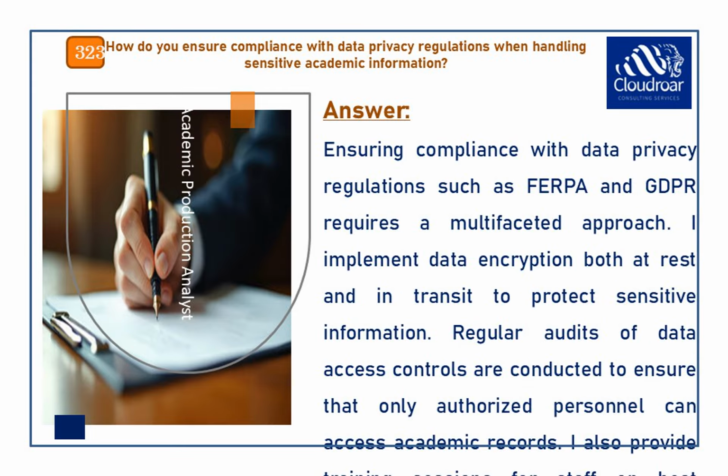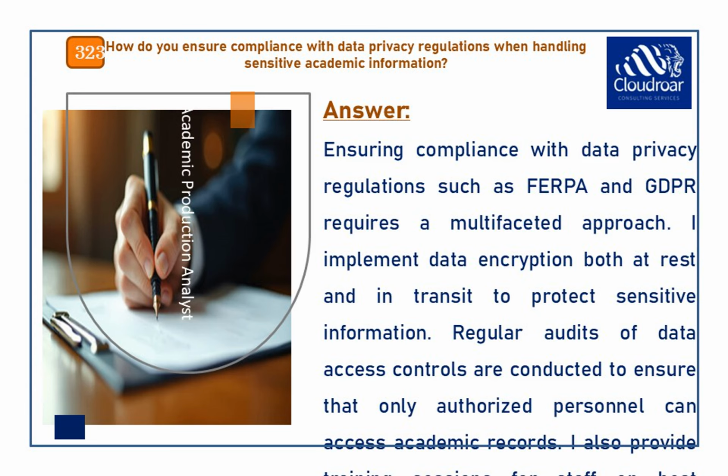Question 323. How do you ensure compliance with data privacy regulations when handling sensitive academic information? Ensuring compliance with data privacy regulations, such as FERPA and GDPR, requires a multifaceted approach. I implement data encryption both at rest and in transit to protect sensitive information.